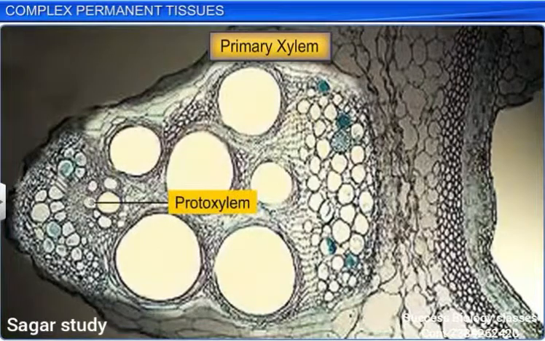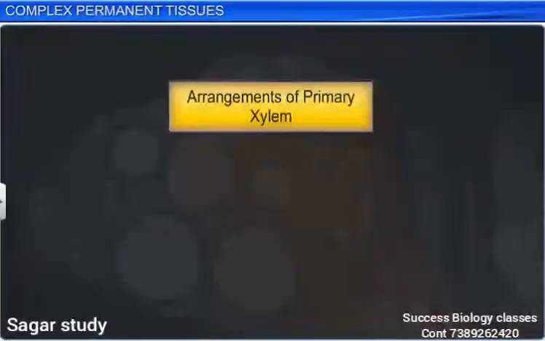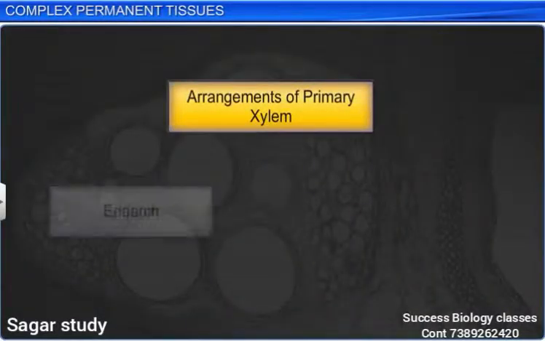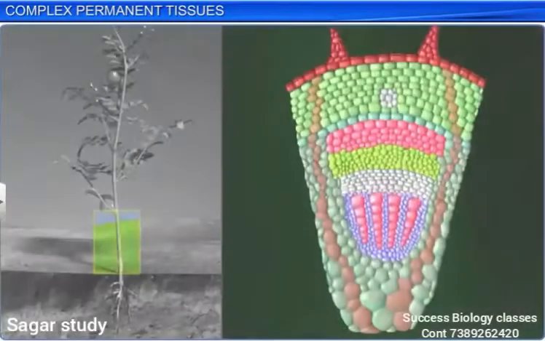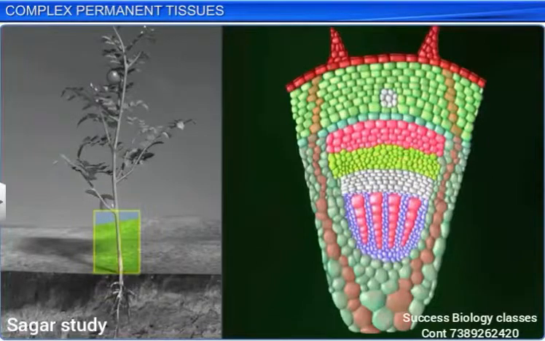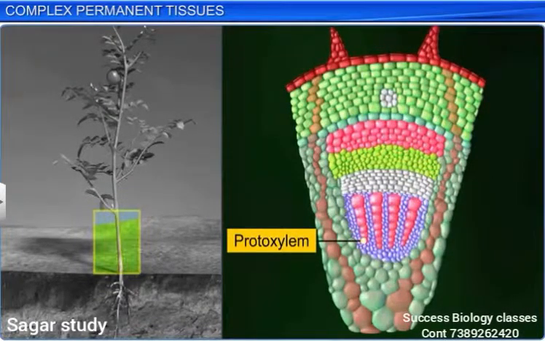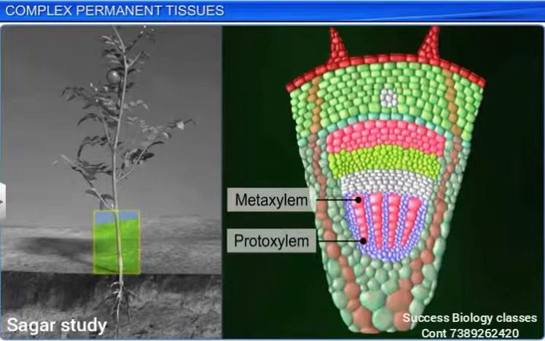On the other hand, the primary xylem elements formed in the later stages are known as metaxylem. The arrangements of primary xylem are endarch and exarch. In the stem, the protoxylem lies towards the center or pith, and the metaxylem lies towards the periphery of the stem. This arrangement of primary xylem is called endarch.